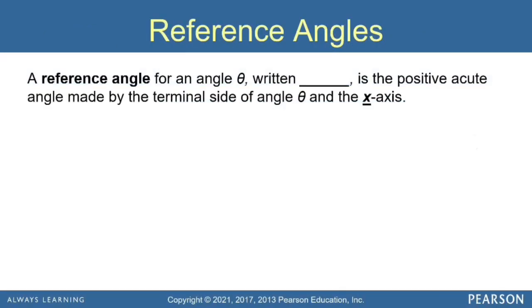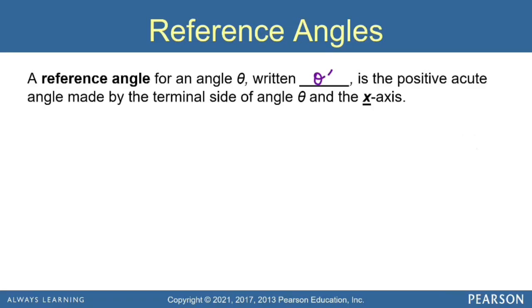Okay, first of all, what is a reference angle? Well, if you have an angle theta, and you want to talk about its reference angle, we usually write that theta prime. And that would just be the same variable with an apostrophe or a single quote. But in math, when we see that, we usually read it as prime. So the standard position angle would be theta, and the reference angle associated with it would be theta prime.